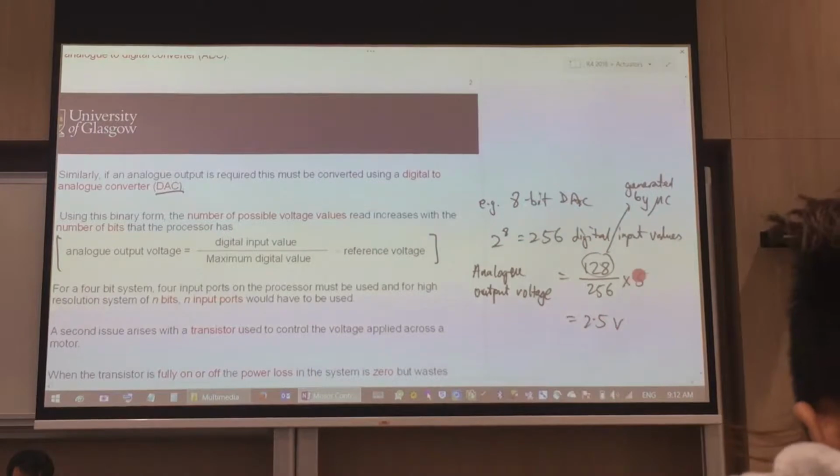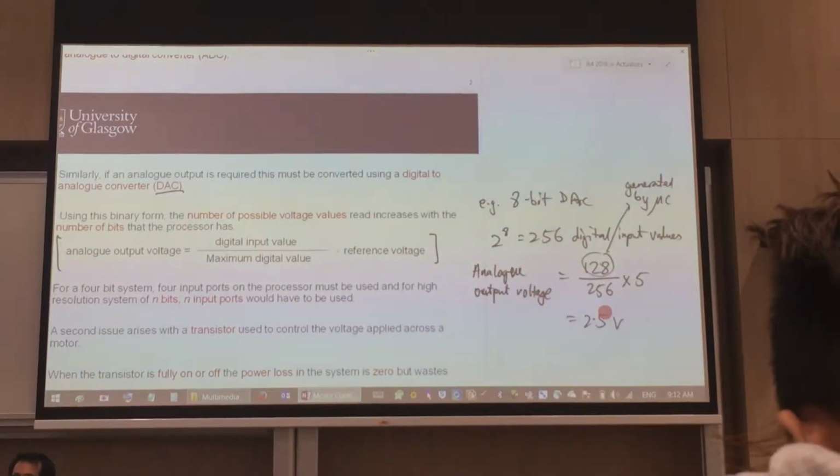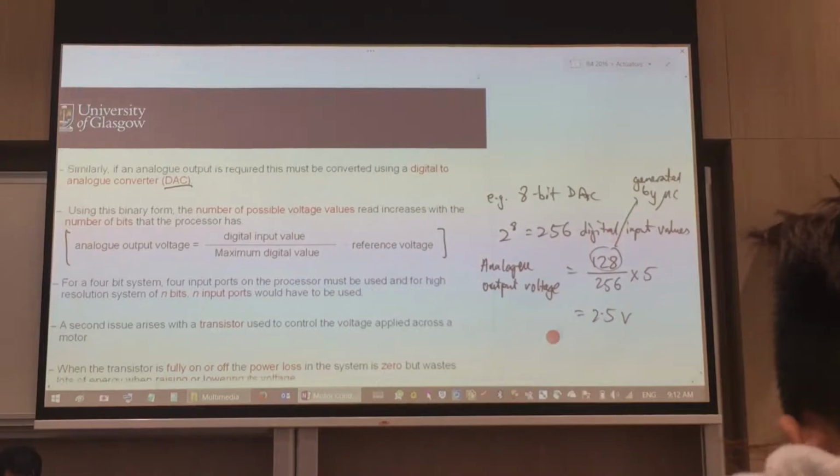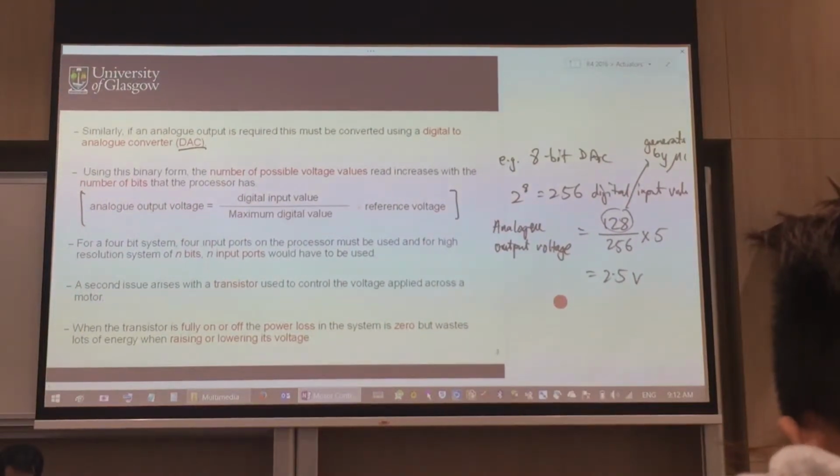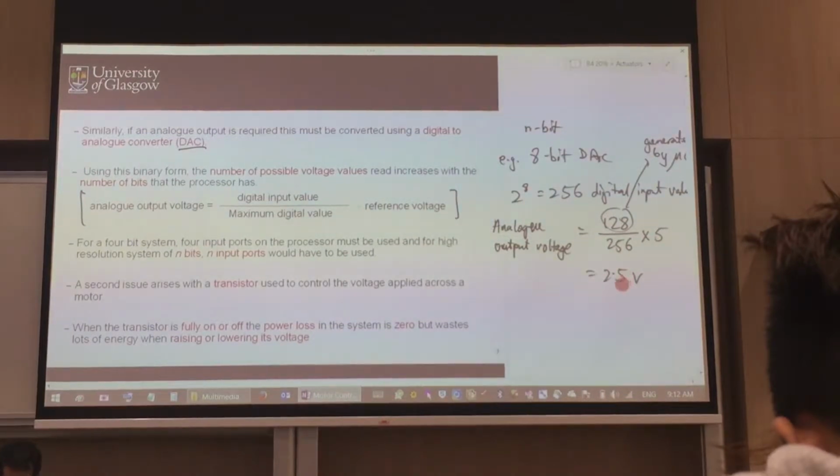That's because this voltage will determine how fast you want to run, for example, your motor, without using a potentiometer. So this is something that you can do using a DAC converter. Depending on the number of bits, if it's an n-bit DAC, you get a higher resolution for the kind of voltage adjustments that you can have.